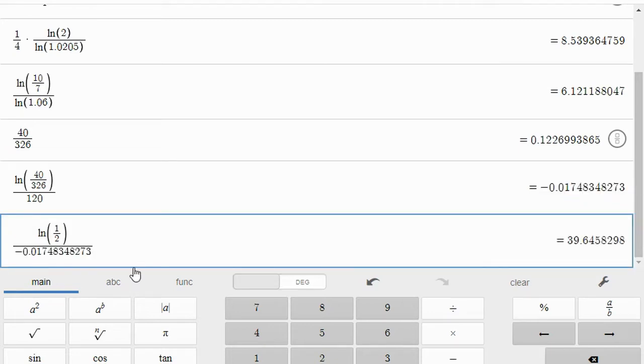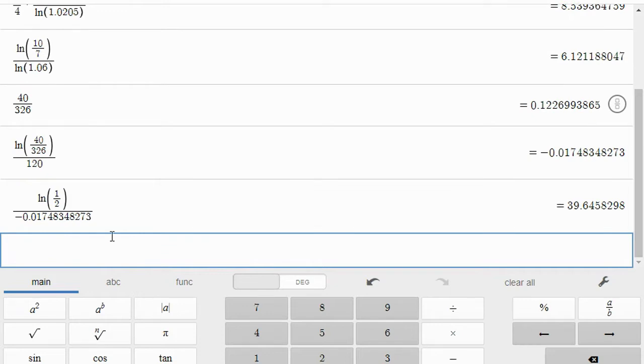If you just do Control C and then Control V to paste, it copies the whole decimal. And so now this is the exact answer rounded to 2 decimal places: 39.65. Your answer needs to be exact. So let's put 39.65.